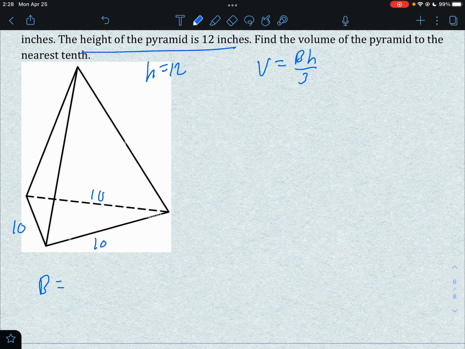B, in this case, is s squared root 3 over 4. So 10 squared root 3 over 4, or 100 root 3 over 4, or 25 root 3.